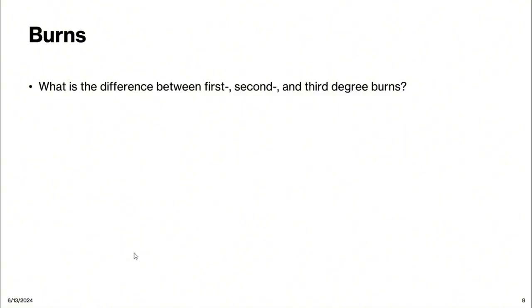And then burns. Know the difference between first, second, and third degree burns. First degree burns only affect the first layer of the skin, which is the epidermis. Second degree burns affect the epidermis and the dermis. The second degree burns are what's going to be associated with redness, pain, formation of blisters.